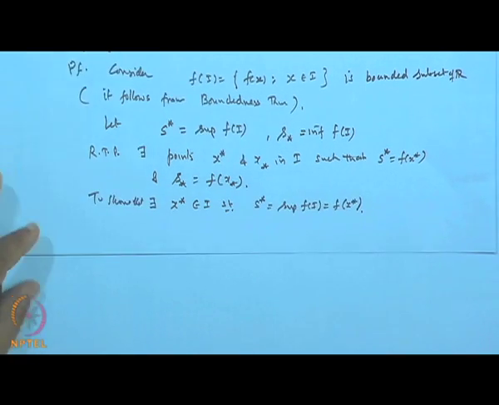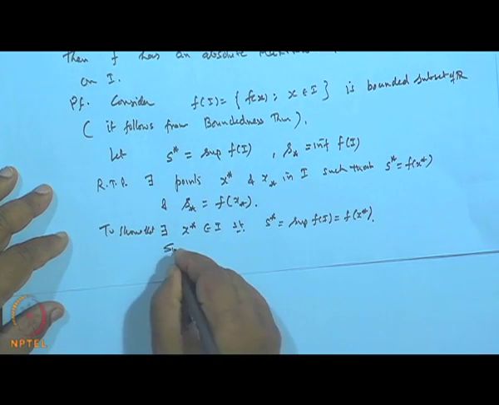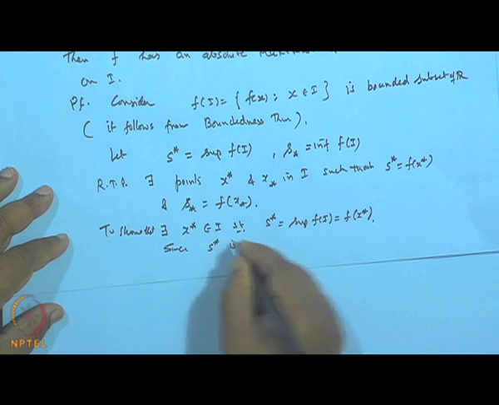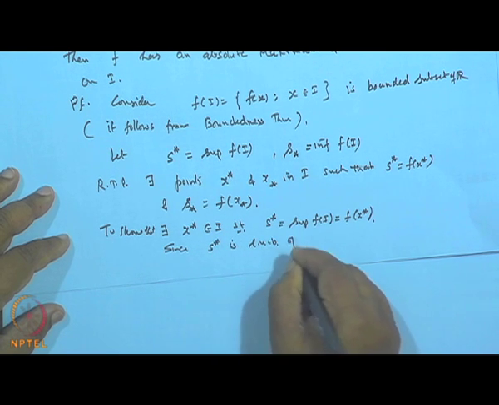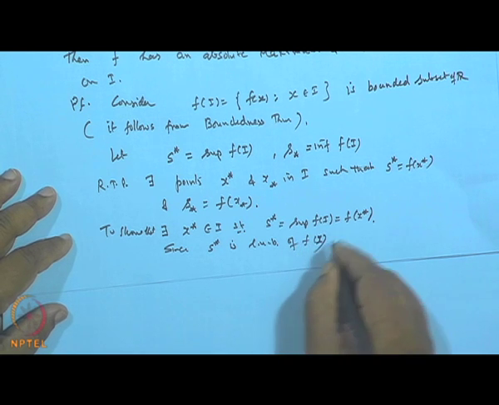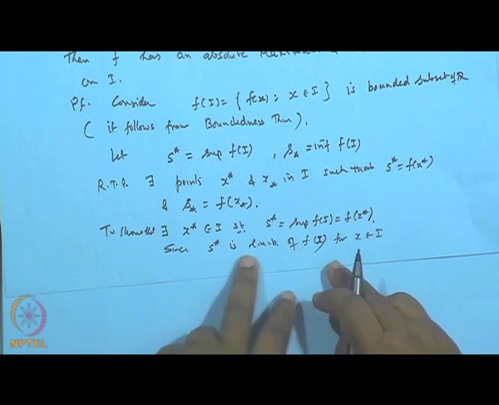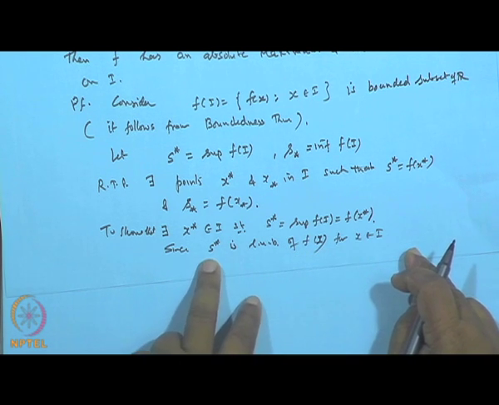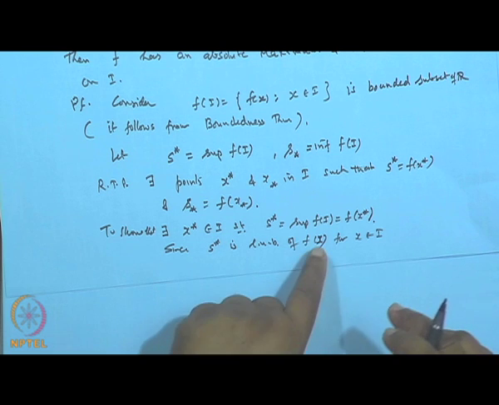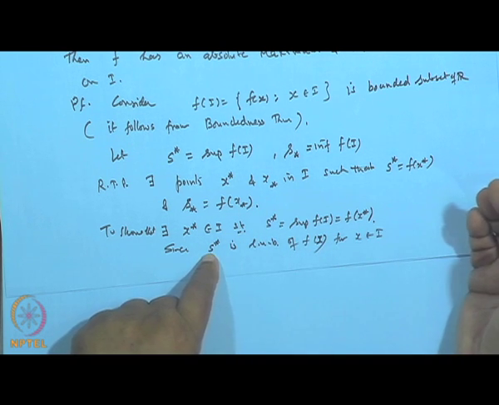Now, since S star is the least upper bound of the function f of x for x belonging to I, if I choose a number slightly lower than this, it cannot behave as a least upper bound.